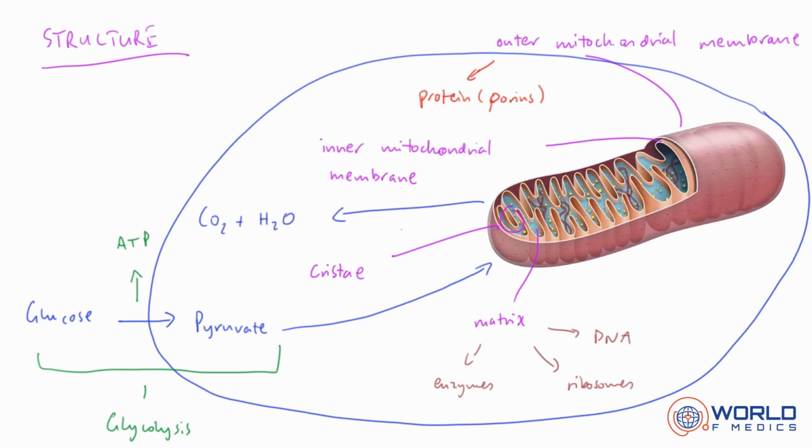And this process creates a lot of ATP. ATP plus plus plus. So this part produces the most ATP, and this is why mitochondria are so important within the human cell. So there you go. That's a quick overview on mitochondria.